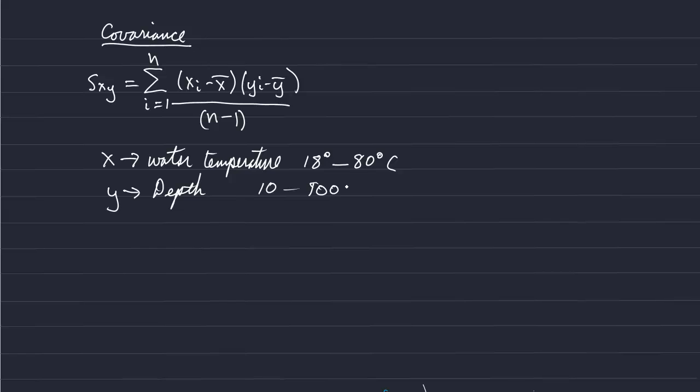I don't remember the range of the data set we looked at, but let's just say the range is 1,000 feet in this example. You'll notice X and Y have different units and they span a very different range.